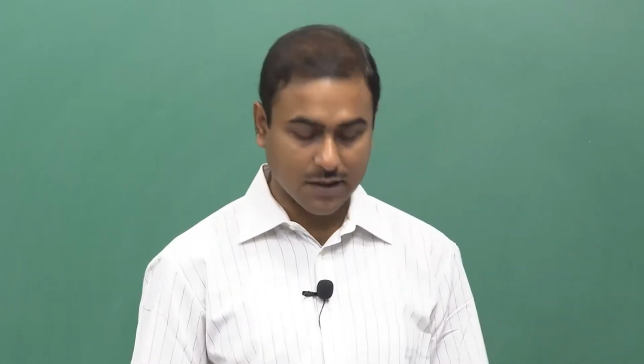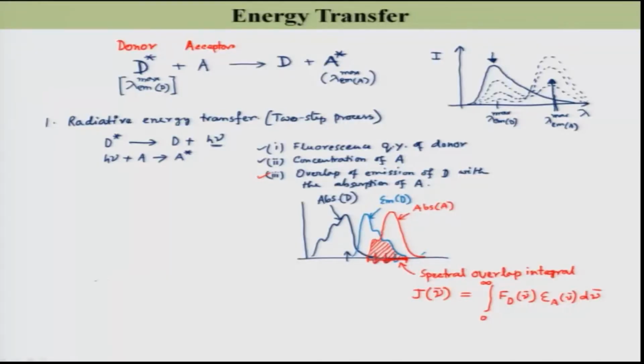Right. Considering all these things, if you now try to find out the fraction of emitted photon by D star, and consequently absorbed by A, that can be evaluated, and that is generally expressed as a small a.